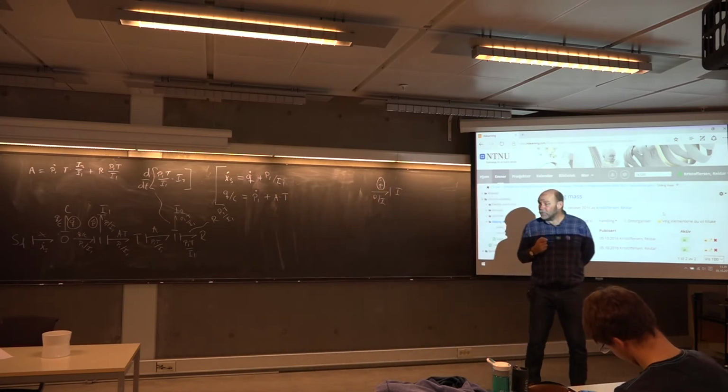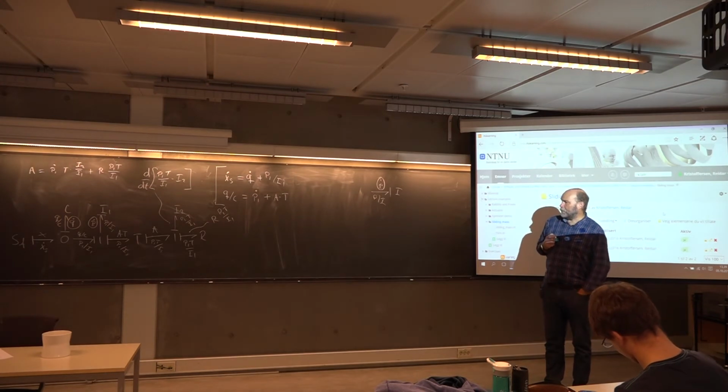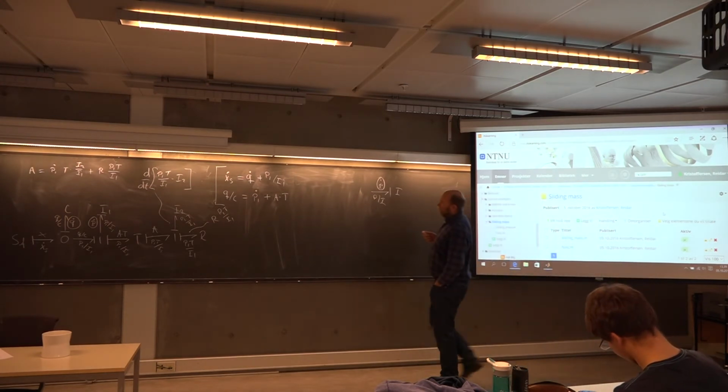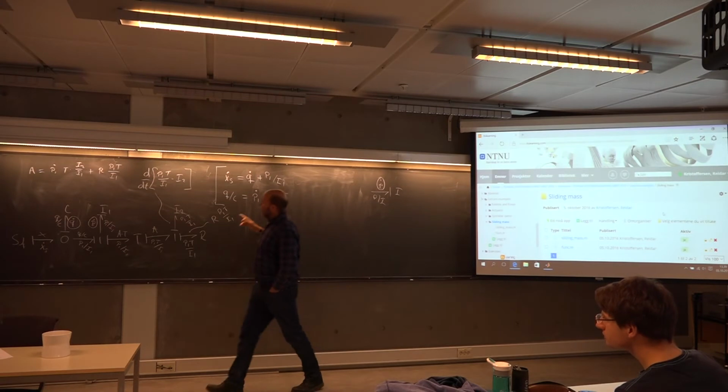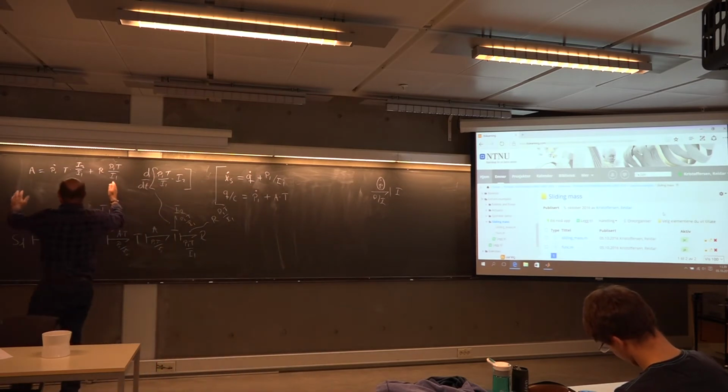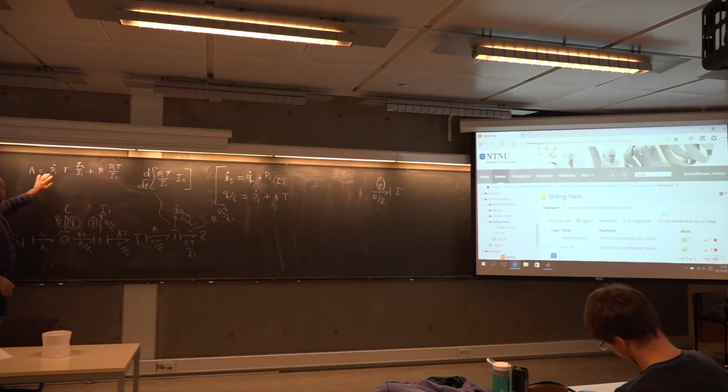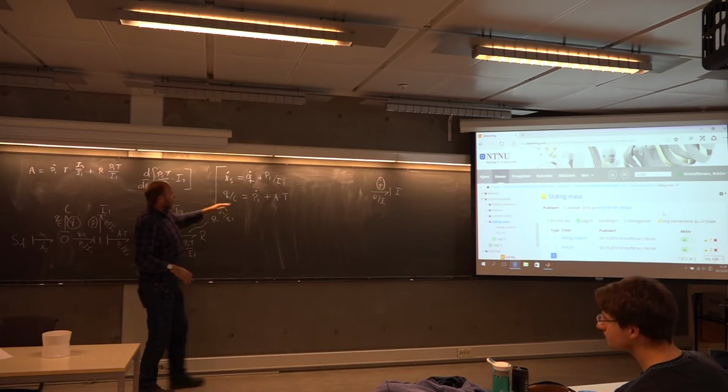Still not complete, is it? Because I have this A variable, which I have here. Yes, you can insert it, and then you see you get another P1 dot inside here as well.